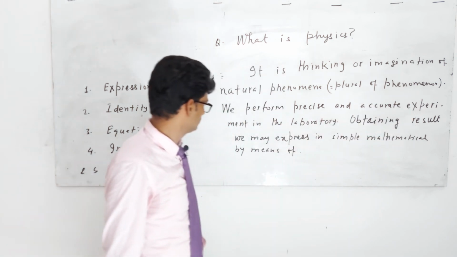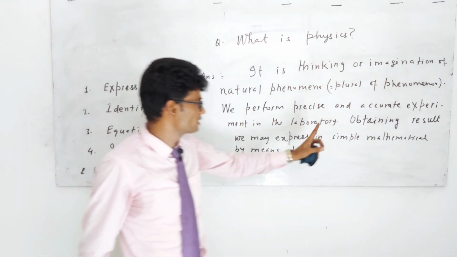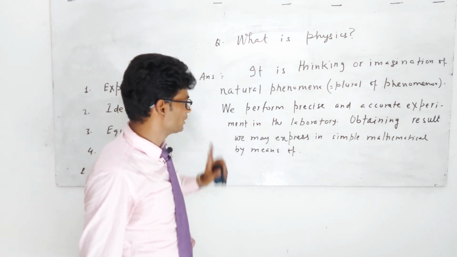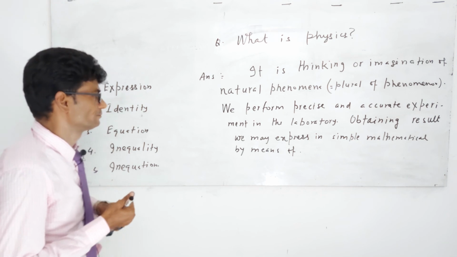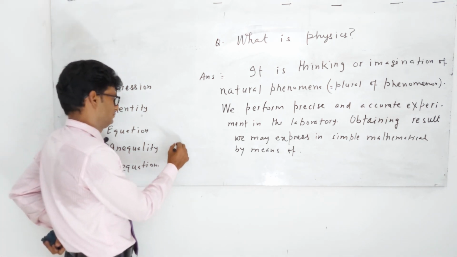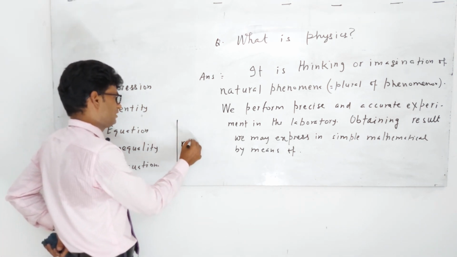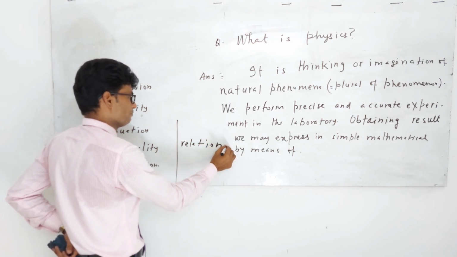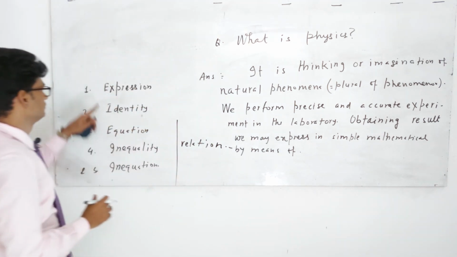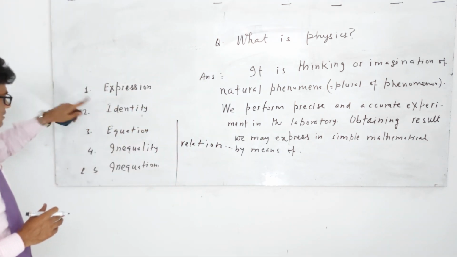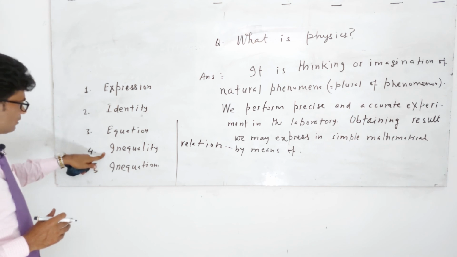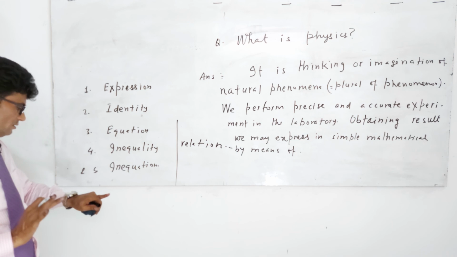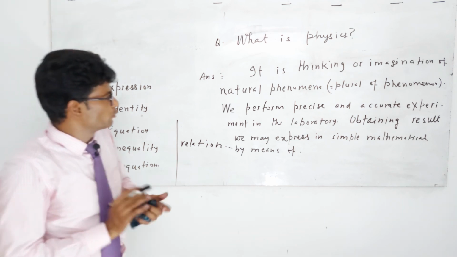Obtaining result we may express in simple mathematical relation, by means of expression, identity, equation, inequality, and maybe in the form of inequations. That's okay. Just I'm going to finish the lecture here.